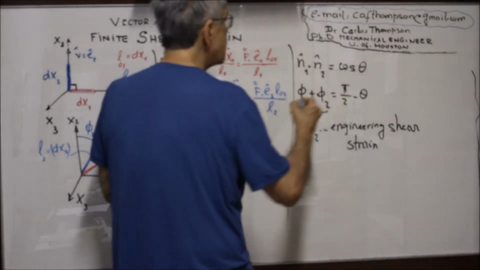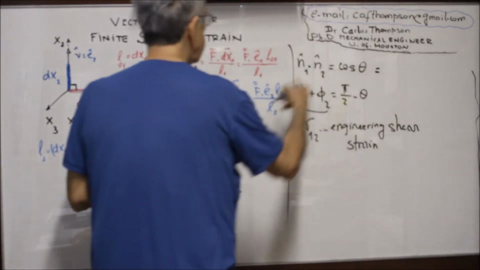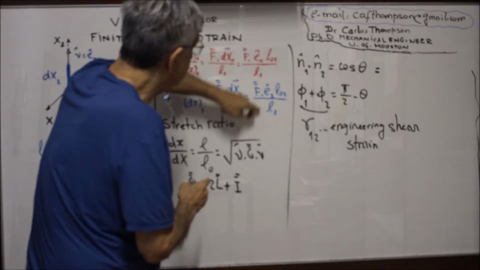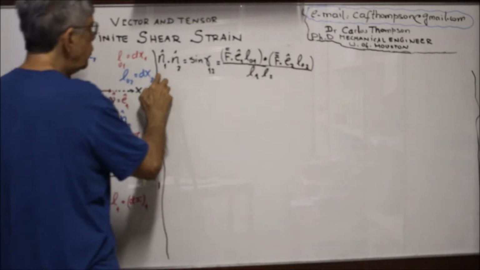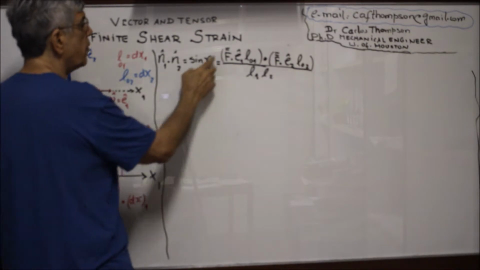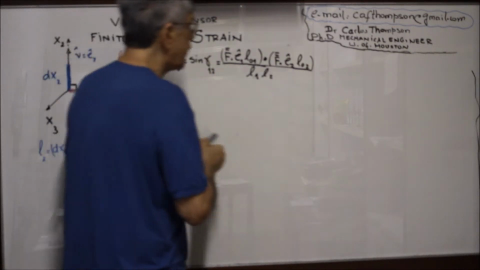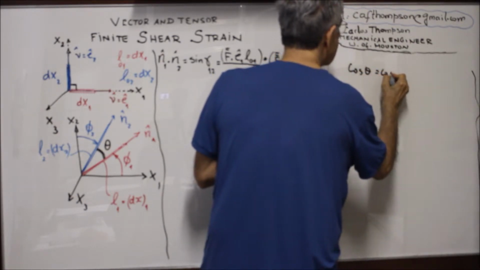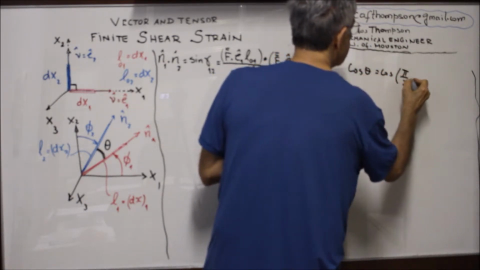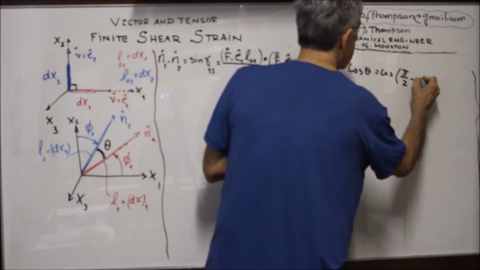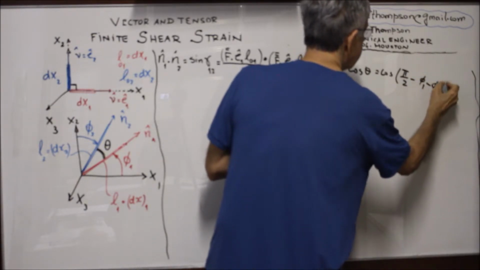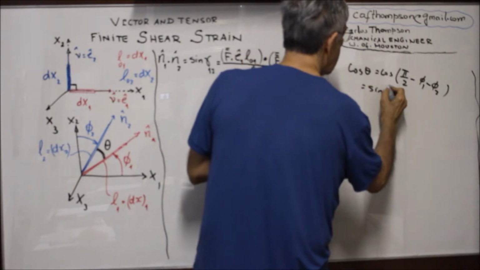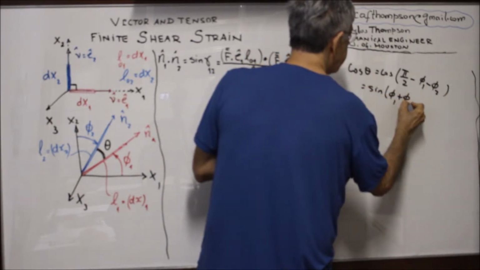So let's express now N1 and N2. Let's substitute the right hand side over here. N1 dot N2 is sine of gamma 1 2. And don't forget that cosine of theta is equal to cosine of pi over 2 minus Phi1 minus Phi2, which is equal to sine of Phi1 plus Phi2.